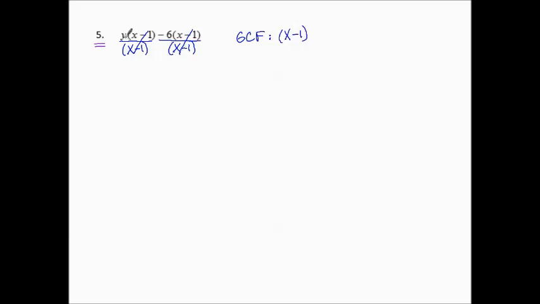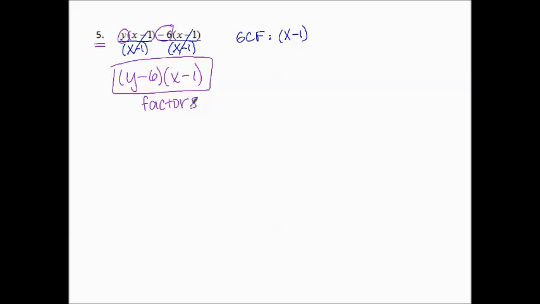I'm left with a y and a minus 6, so I write them together, y minus 6. And then what I canceled was x minus 1. Those two together, when I multiply them, will give me this. So these two are my factors.